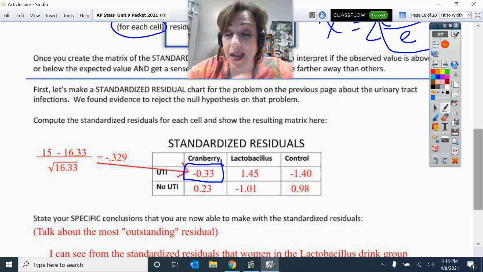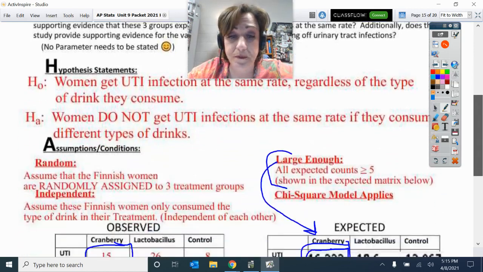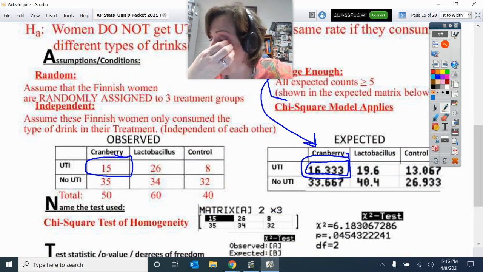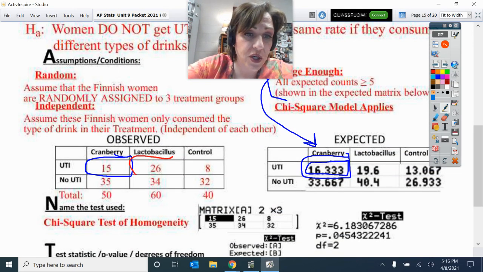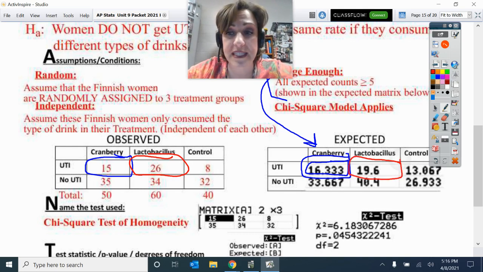Now, contrary to that, look at the lactobacillus one. Let's study that. I'll do this in a different color. Observed 26 minus expected 19.6 divided by the square root of expected.